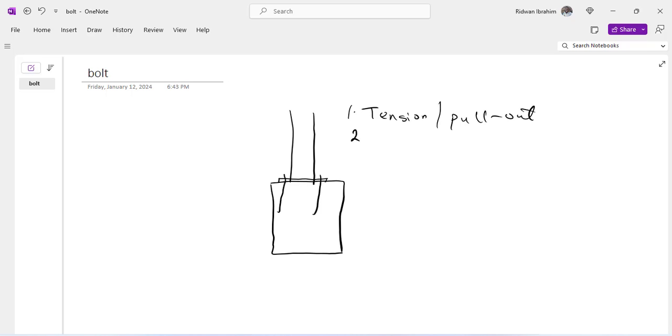The second one is shear, and the third one is bearing. These are the three major types of failure that we can have in our bolt, whether it is an anchor or just a normal bolt. These three failures can then be elaborated depending on how elaborate your design is. You can have a single shear, a block shear, or different kinds of shear, but these are the three major failures.